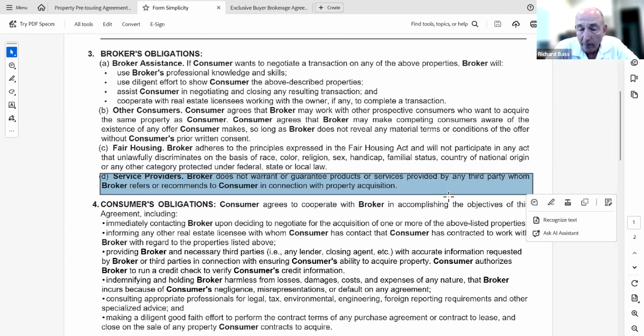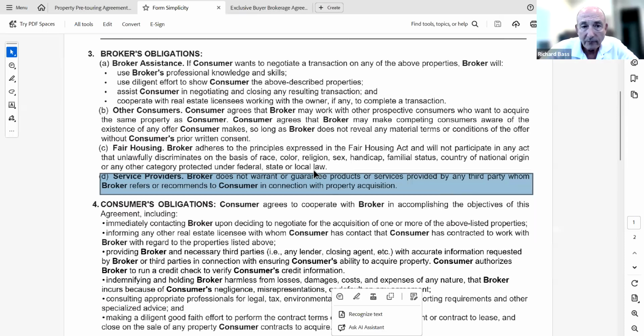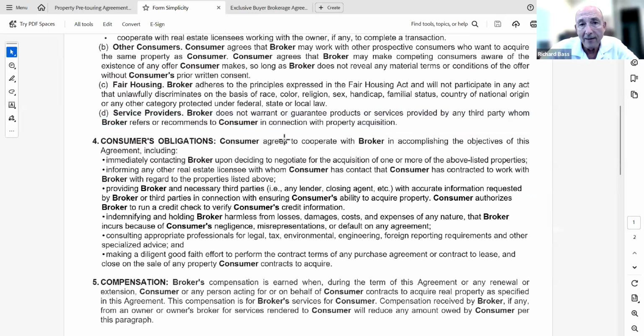You're referring them. It's still up to them to do due diligence and decide if that's who they want to use. We're not warranting or guaranteeing any of the work from those people. And that line is actually showing up in more and more of the new documents that we're seeing coming from FAR these days. I'm real happy to see that one added in there.